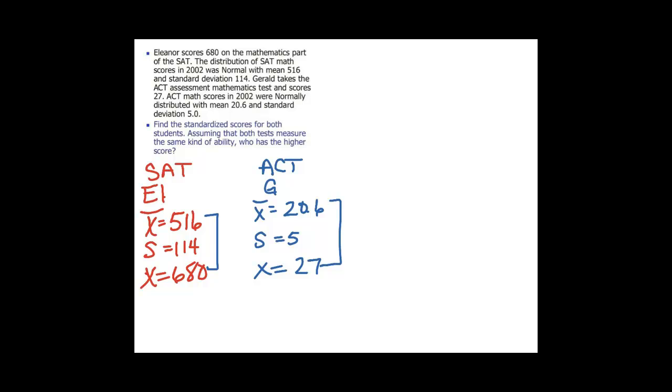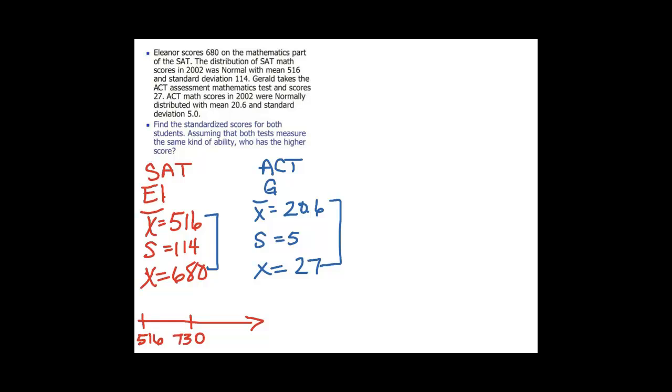And in fact, if I look at it even more, let's keep things color-coded here. When we're dealing with two different tests, I think that's helpful. If the mean for the SAT was 516, then one standard deviation above that is going to be 730. Is that right?